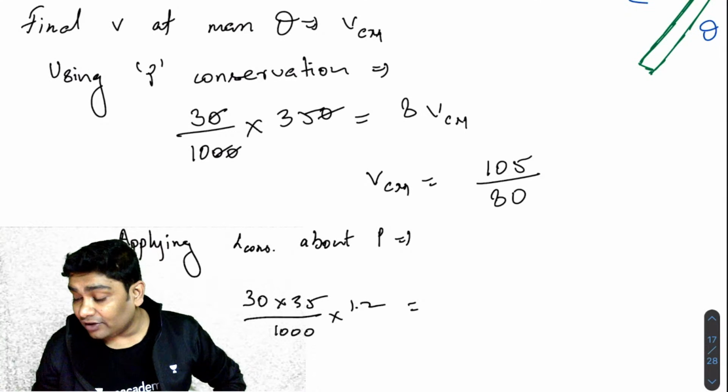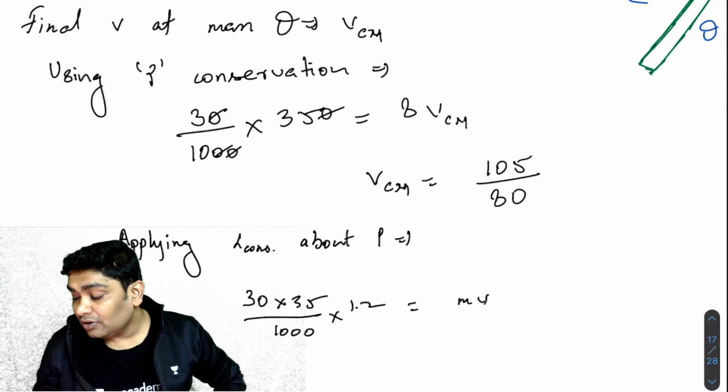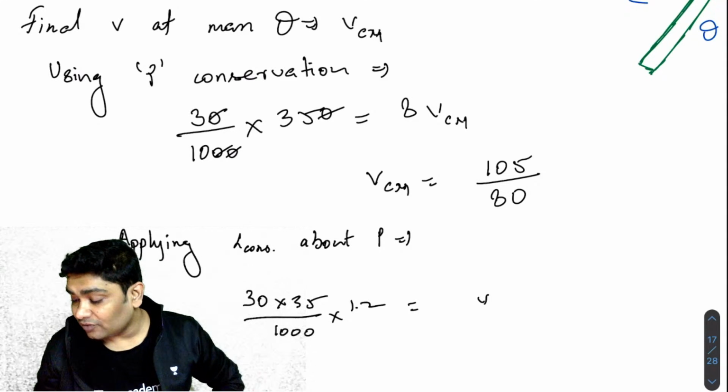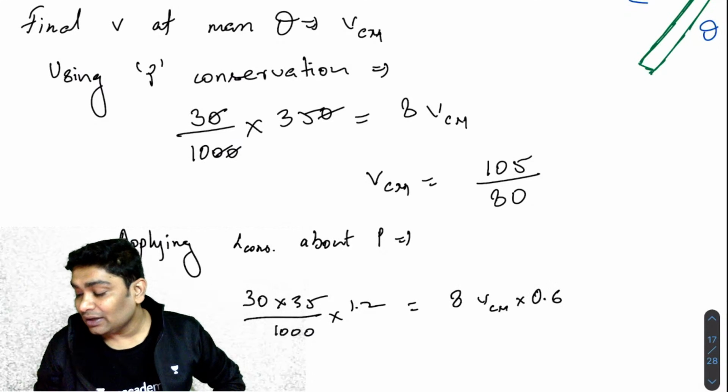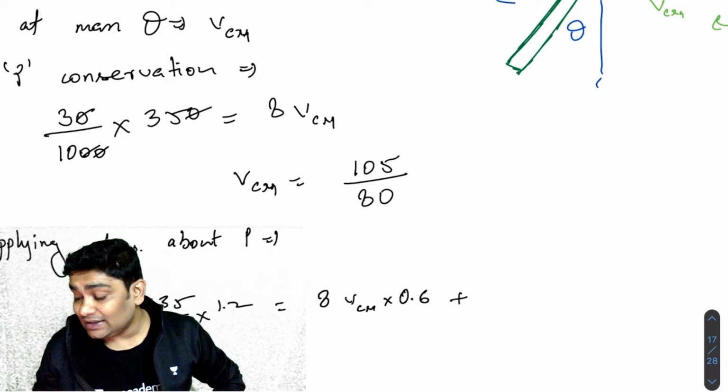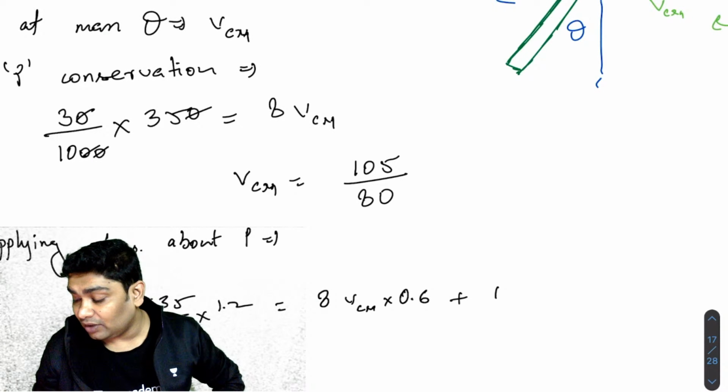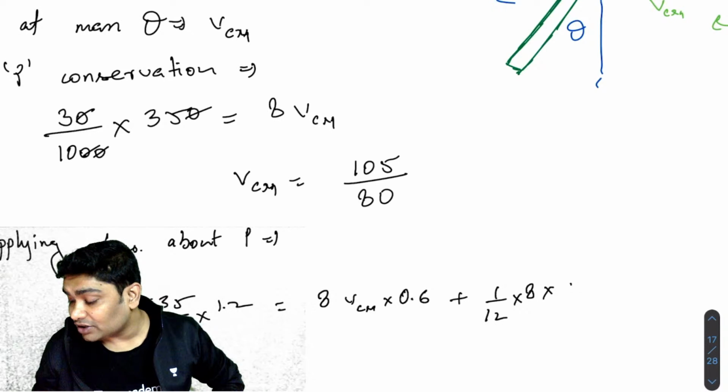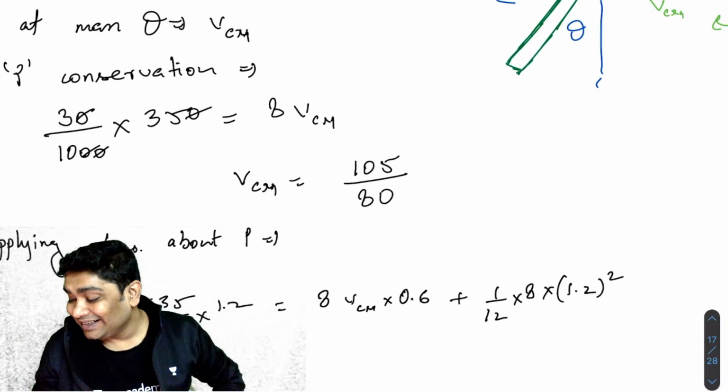And finally, I would have had M, which is 8, times VCM into 0.6, plus ICM omega. ICM omega would have been 1 by 12 into 8 into L square, which is 1.2 whole square, into omega.